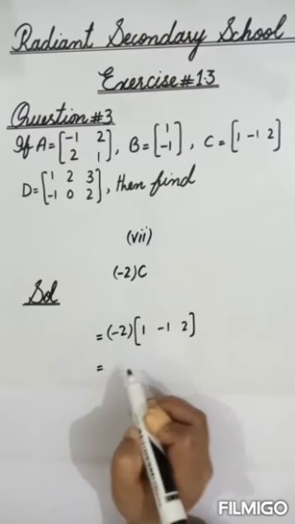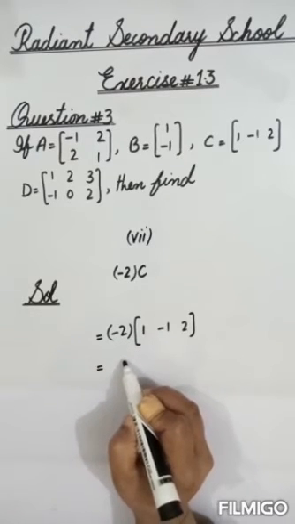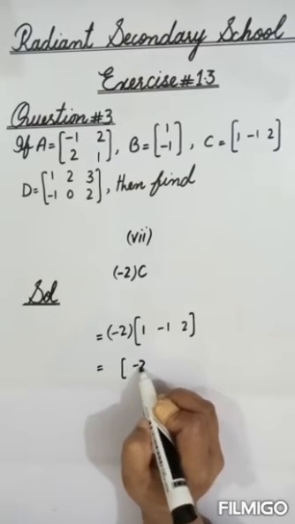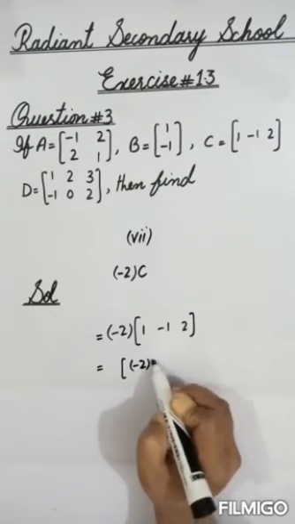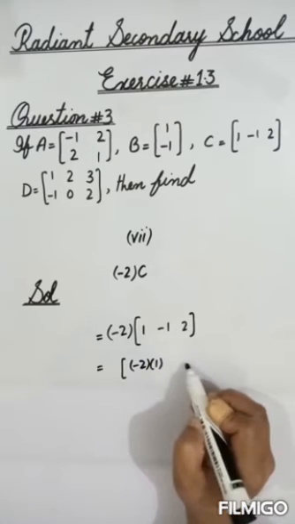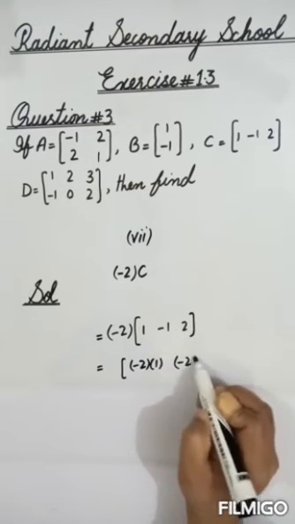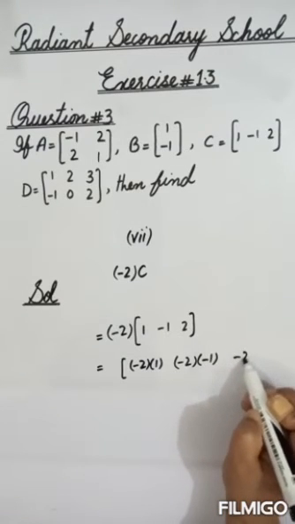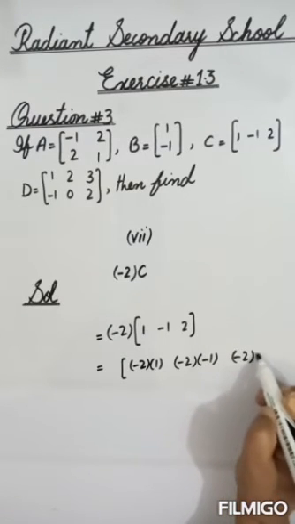So -2 will be multiplied with the each entry of the given matrix. It goes to -2 multiplied by 1, again -2 multiplied by -1 and -2 multiplied by 2.